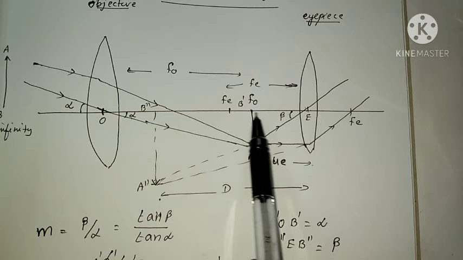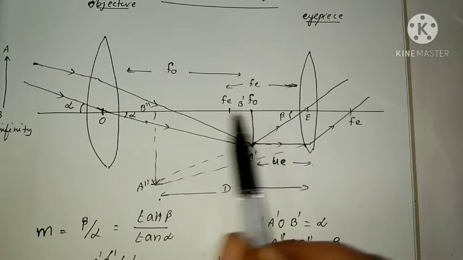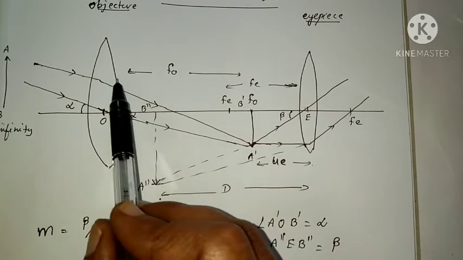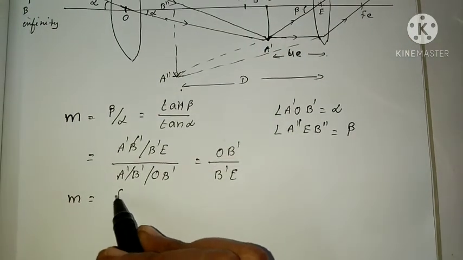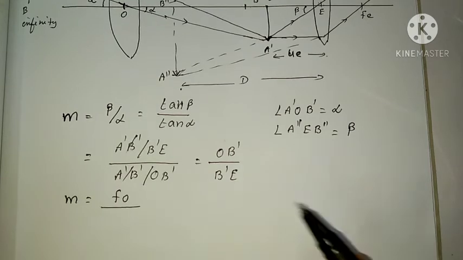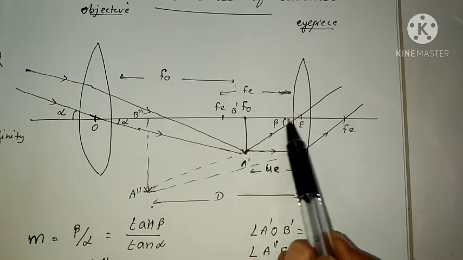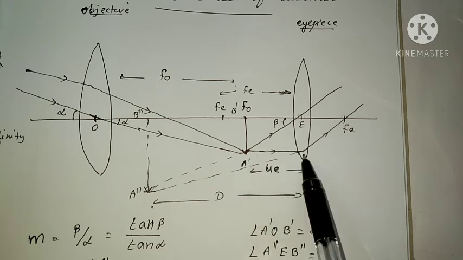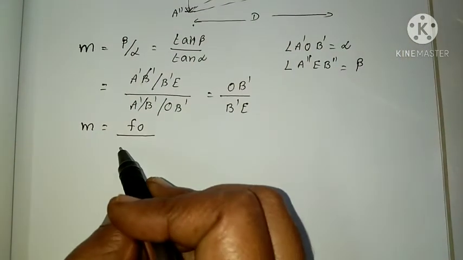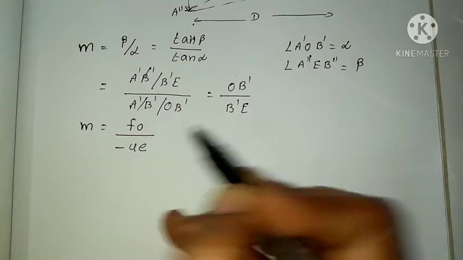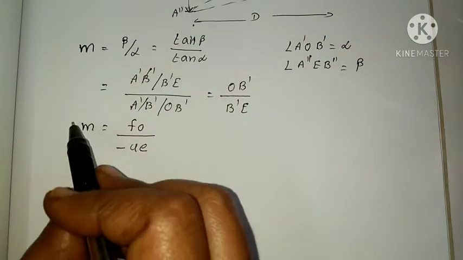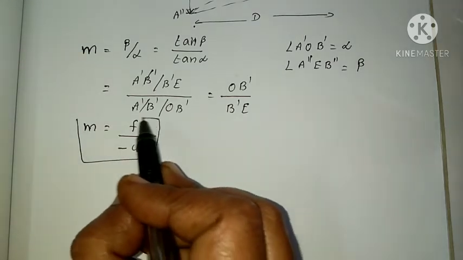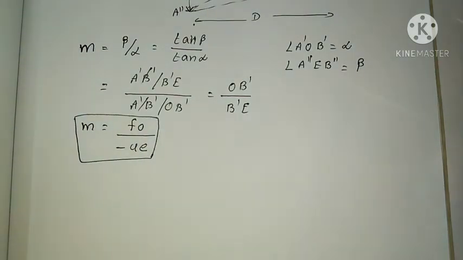It is the focal length of the objective, which we note as FO, divided by B dash E. What is B dash E? It is the object distance for the eyepiece, so with the negative sign we write minus UE. So this is the general formula for the magnification of the astronomical telescope: M equal to FO by minus UE.